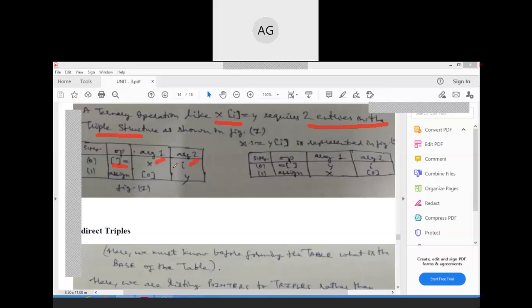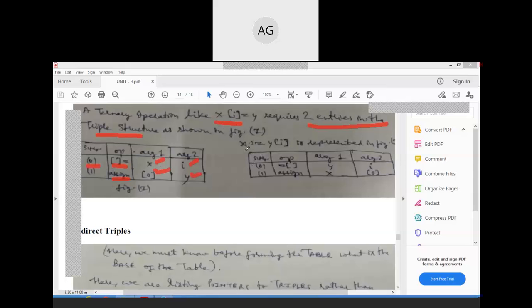In the second statement you write assign as the operator, because we are going to store the value of y in x indexed I, and then the zeroth statement is going to be in the argument 1 and the y value in the argument 2.